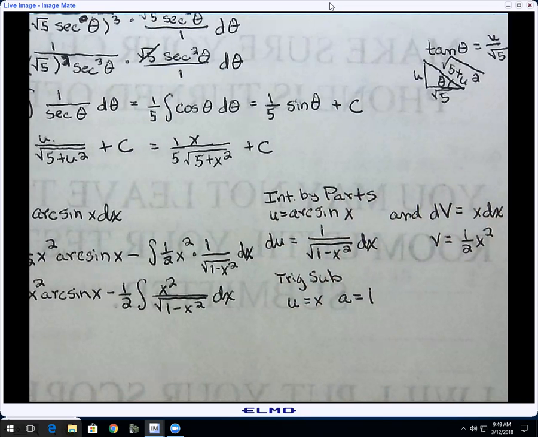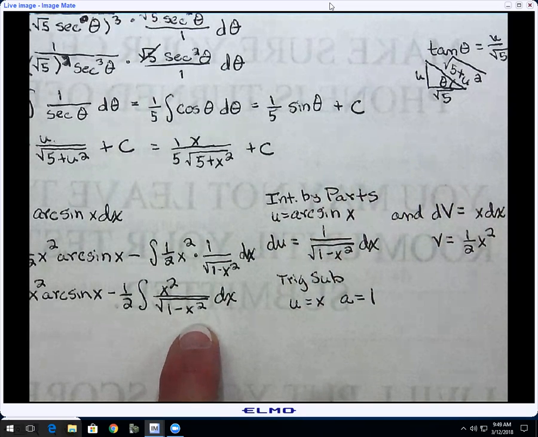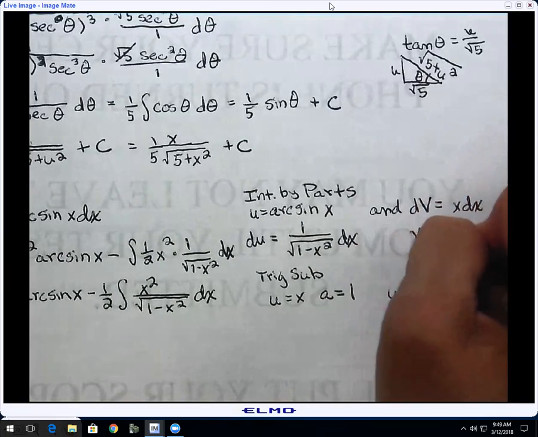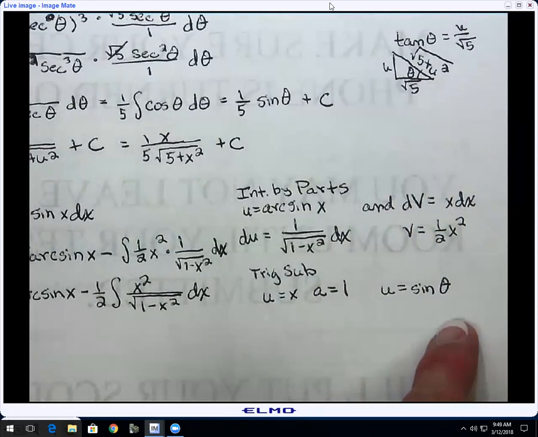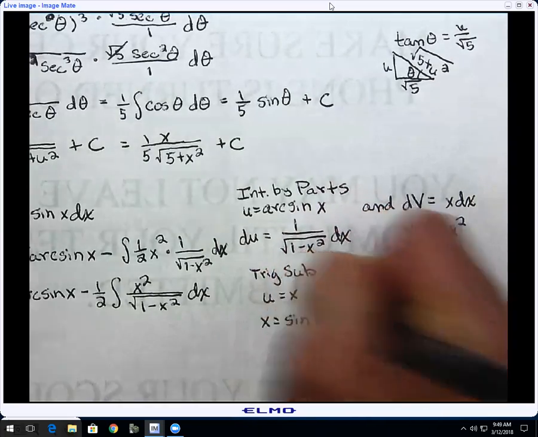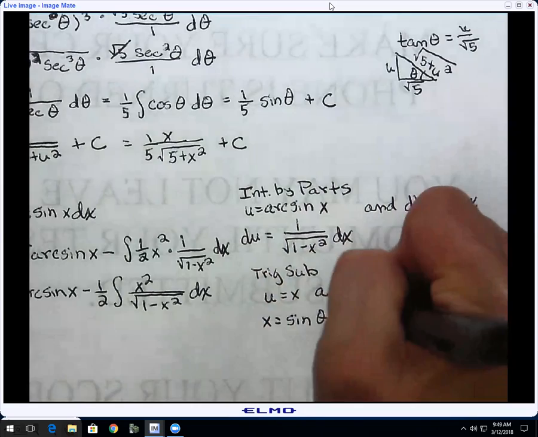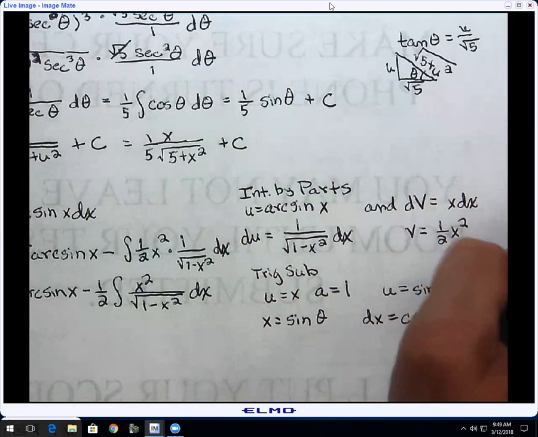Which one of those involves this looks like a squared minus u squared. Yep, that's sine. So u equals a sine theta. And if u equals x and u equals sine theta, then my substitution is going to be x equals sine theta. And if x equals sine theta, what is dx? Cosine theta d theta.